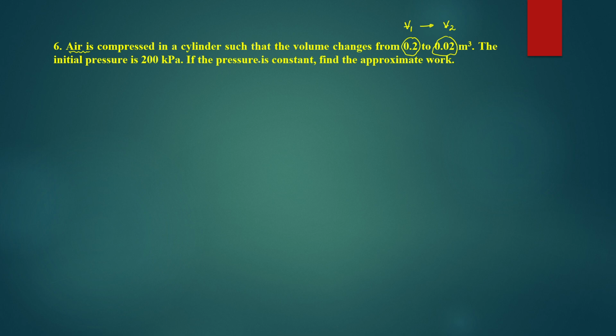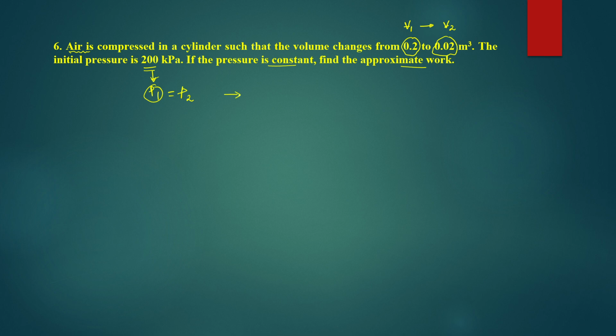And the initial pressure is given to us as 200 kilopascal. So I can write this as P1. And if the pressure is constant, find the approximate work. If pressure is remaining constant, that simply means I can write down that P1 is equal to P2.